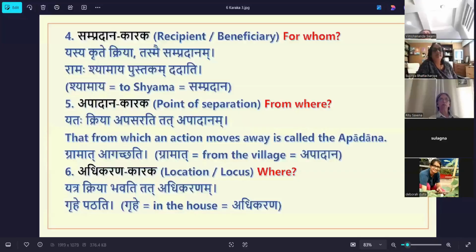Somebody is the recipient of something here. So to find out which word will take fourth case ending, you have to ask yourself who is the beneficiary of that action. For whom the action is done. This is the question you will have to ask.